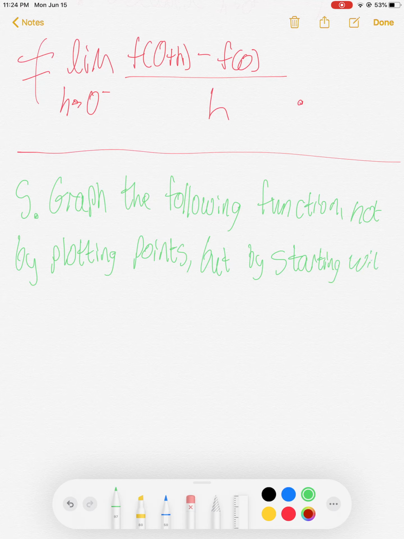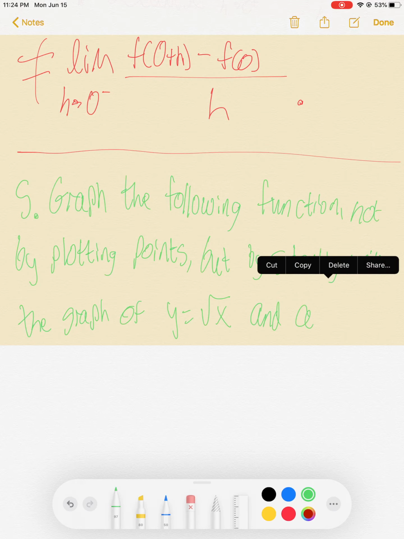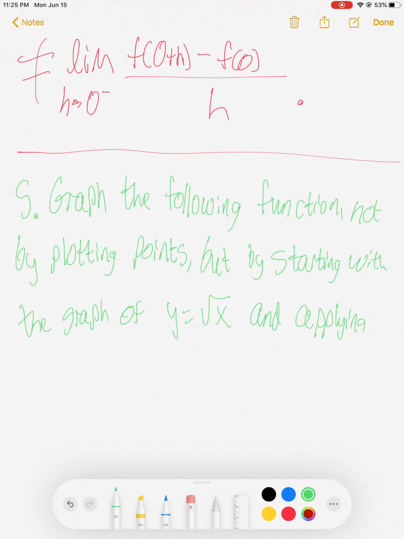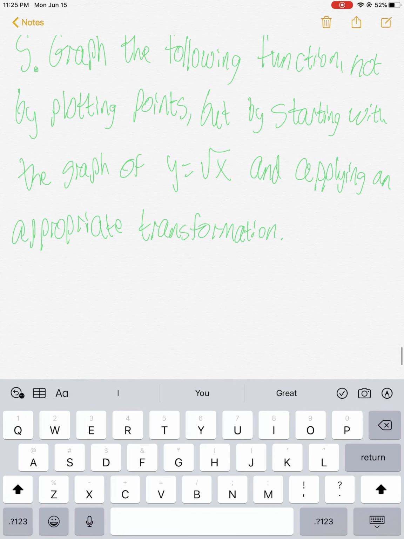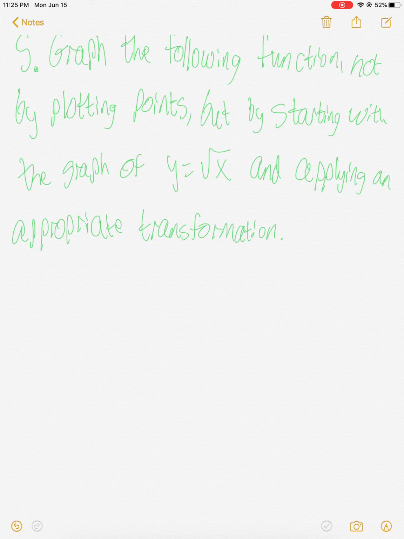I think that you'll probably recognize it once I start writing it. Not by plotting points, but by starting with the graph of y equals the square root of x, and applying an appropriate transformation.